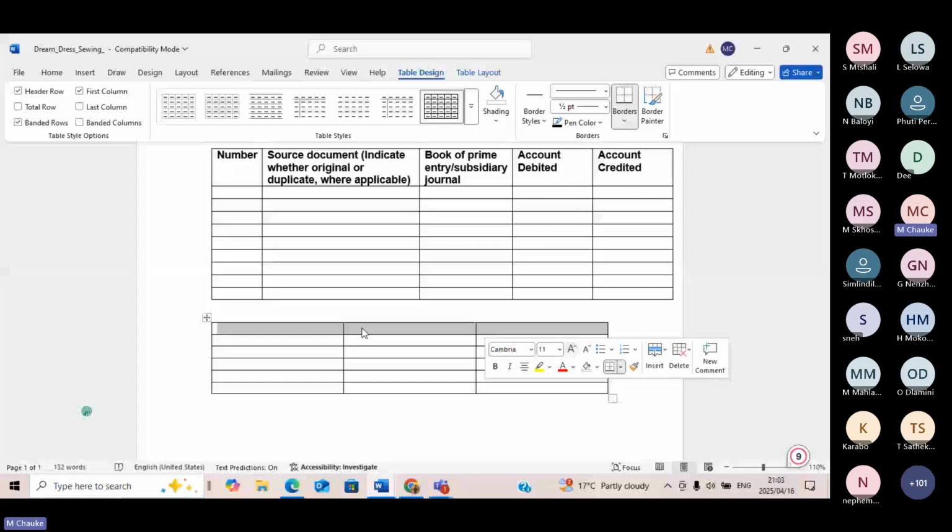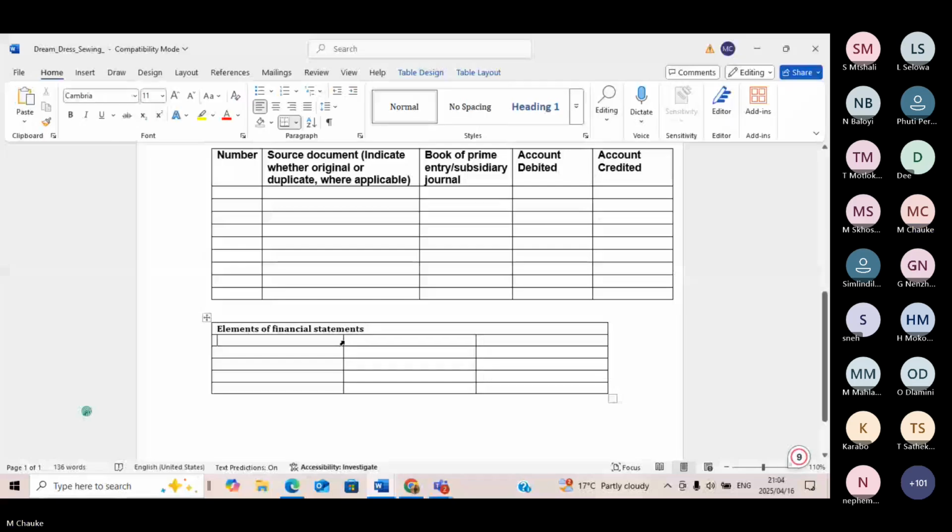I'm just going to do this so that you guys can follow. Okay, and then these elements are divided into 5, and they've got 2 sides.